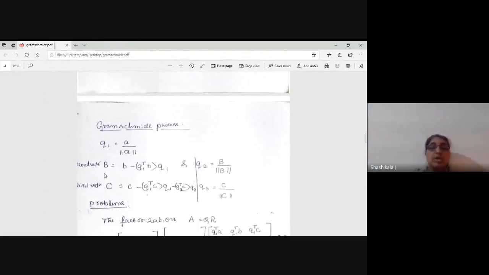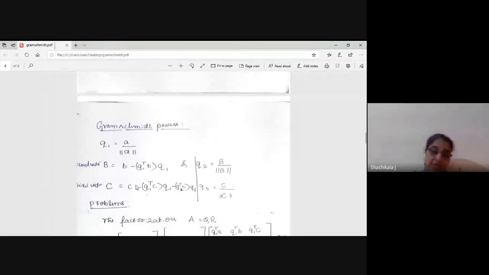This is orthogonal. Now I have to make it orthonormal. I have to divide it by its length. Similarly, for the next, third vector, I want to make this vector perpendicular to both this and this, b and a. So in the C component, it will have that which is perpendicular to this component and the other components.